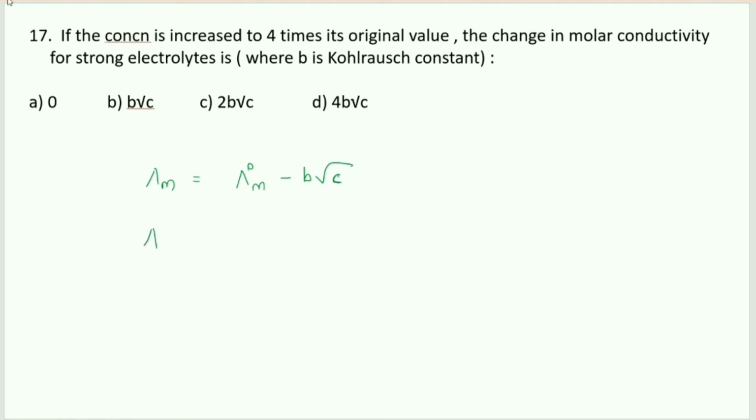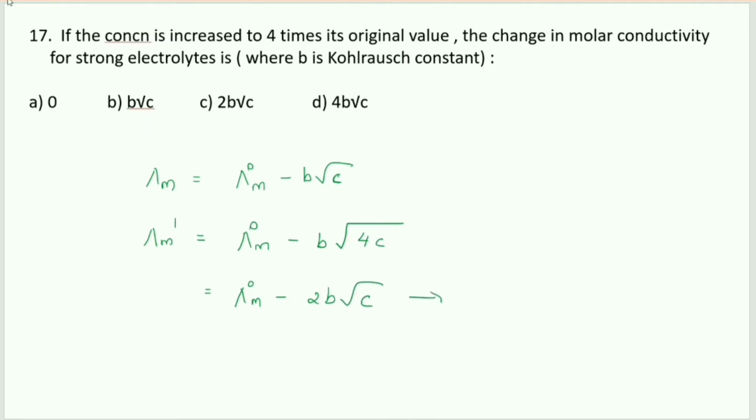So the new molar conductivity, lambda m dash, equals lambda 0 m minus b into root of 4c. This can be written as lambda 0 m minus 2b root c.